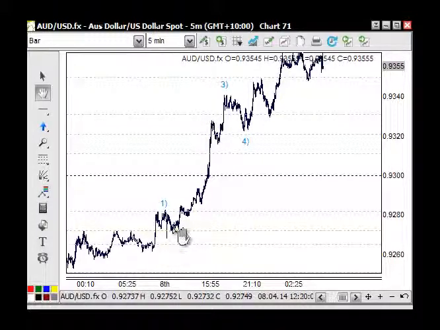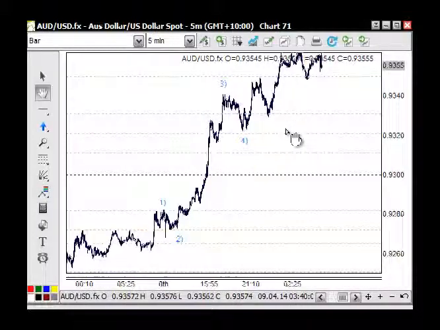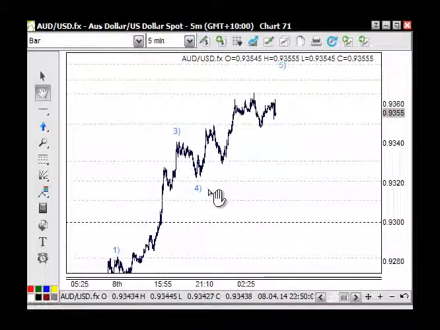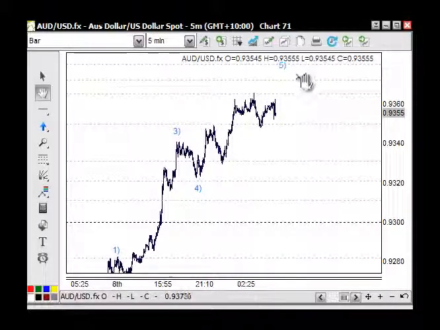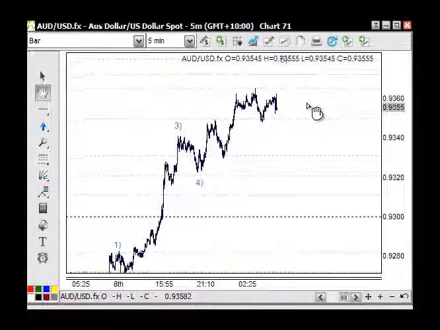So we've got basically 1, 2, 3, 4, 5 to here, for 1, 2, 3, 4, and 5 to here. And then we've got wave 5 up, which can be the 1, 2, 3, 4, and 5, or we can be 1, 2, 3, going across for 4 here, and then 5 up to here. So we're very close to a possible top here.